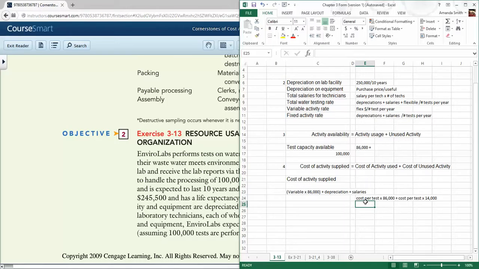The cost per test amounts are going to be the only part that differs on this equation. So you're going to be looking at the total water testing rate for the 86,000, because you have to include everything you used. And then the cost per test for the 14,000 is going to be just the fixed amount, the fixed activity rate, because you haven't actually used the supplies for that yet.